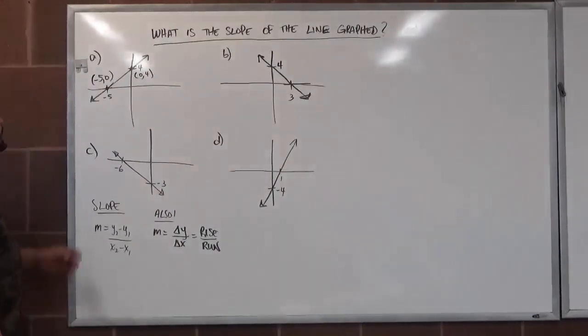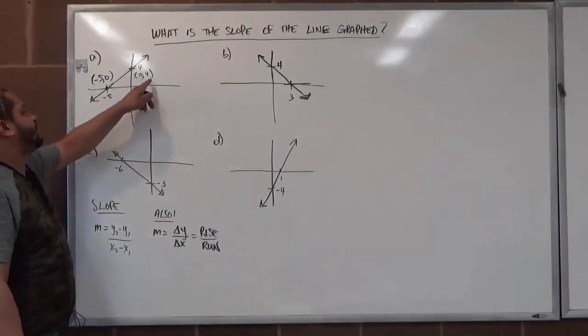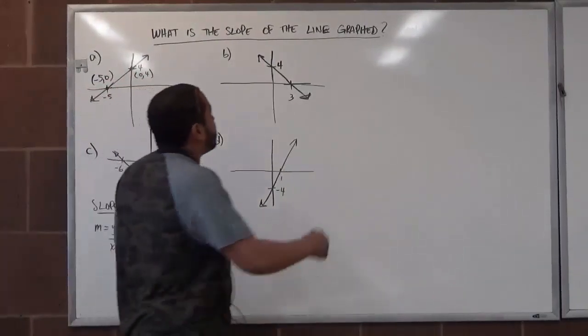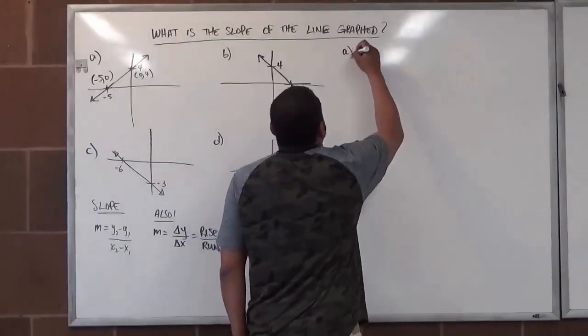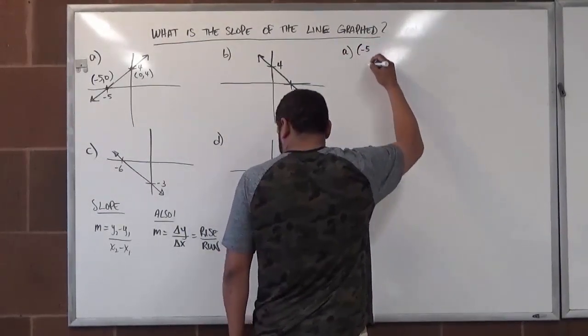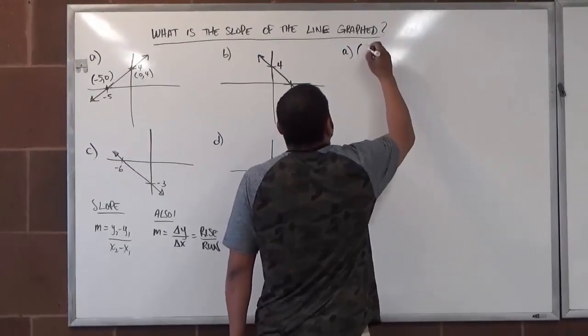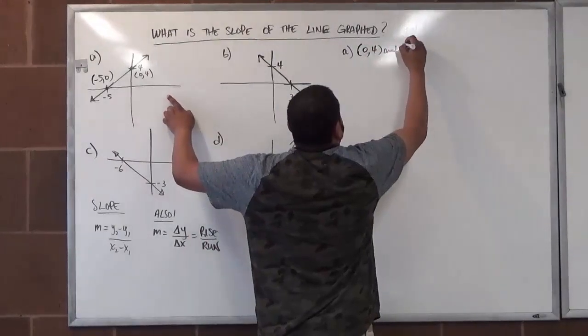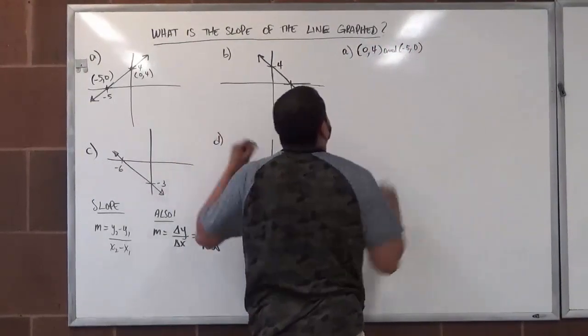And so here we have our slope going through negative 5, 0, our x-intercept, and 0, 4, which is the y-intercept. For part A, we're going to use our general form of the slope equation, and our two coordinate points are, in this case, let's just put 0, 4 first, and negative 5, 0 second.